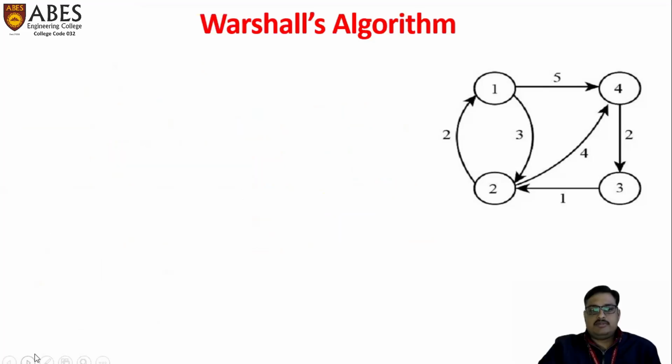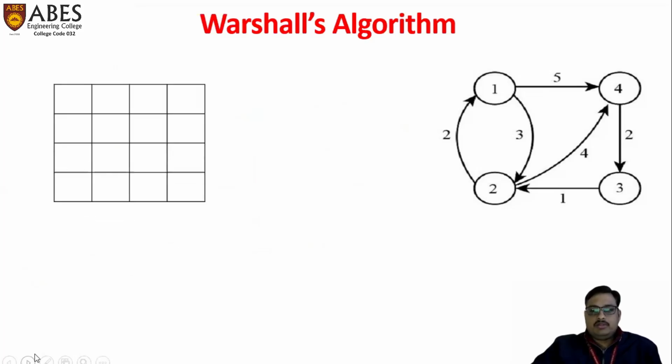We are going to calculate the shortest distances considering 3 as the intermediate node. First, let us write the values of D2, with vertices 1, 2, 3, 4.